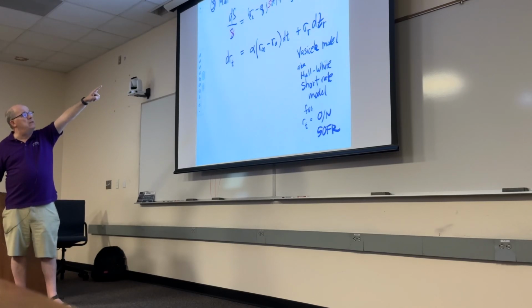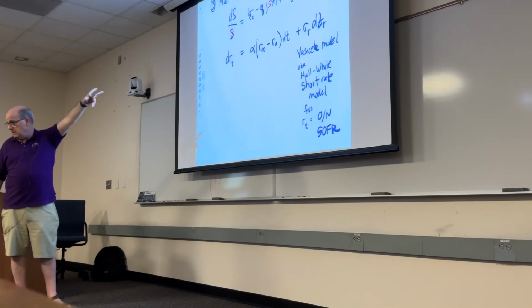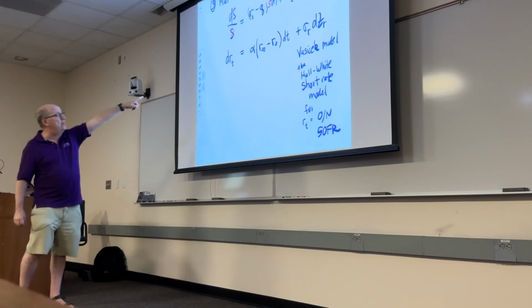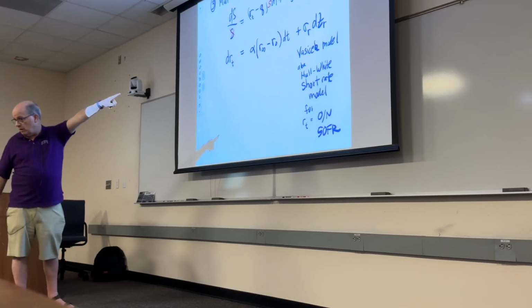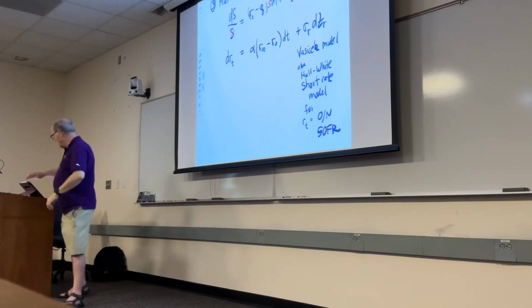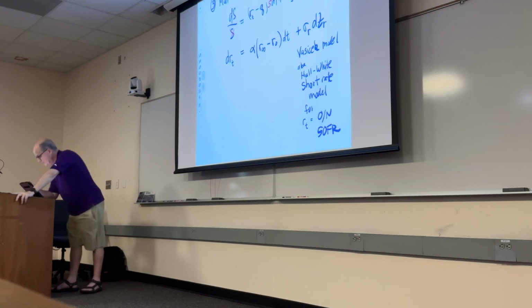But in the first equation, S gets multiplied by the volatility, and then the dz comes in. In the second equation, R is not involved. So the first difference is this is log normal. This one is only normal.